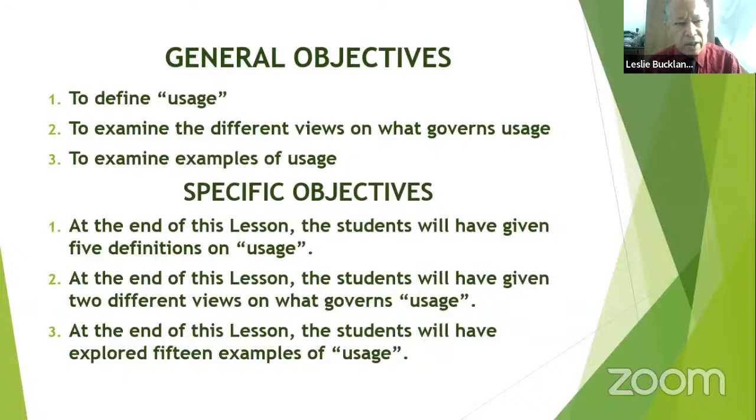The specific objectives are: 1, at the end of this lesson, the students will have given 5 definitions of usage. 2, the students will have given 2 different views on what governs usage. 3, the students will have explored 15 examples of usage.